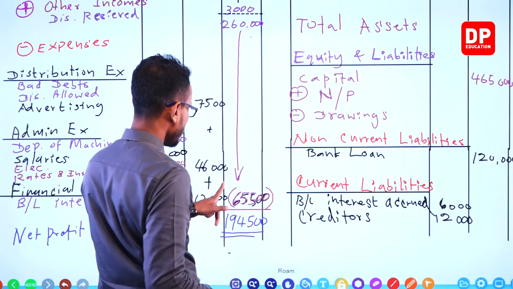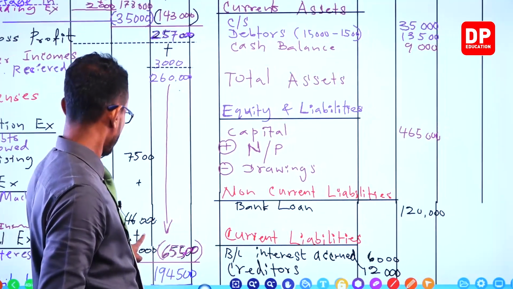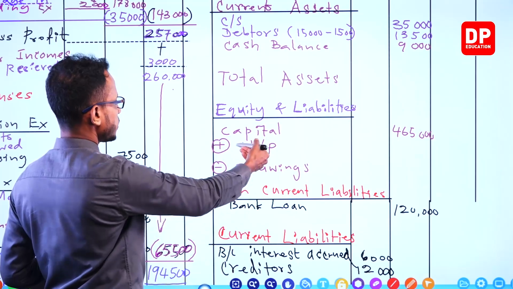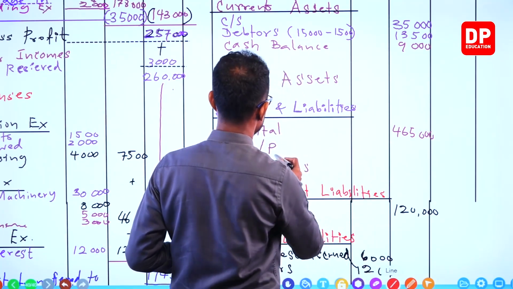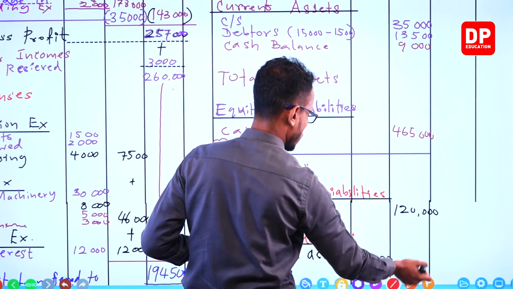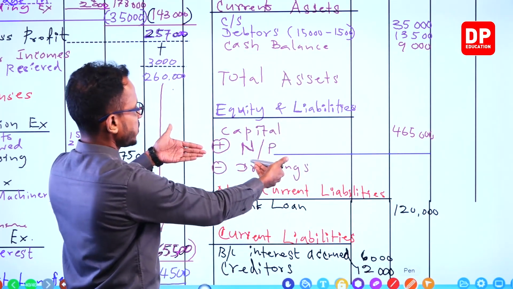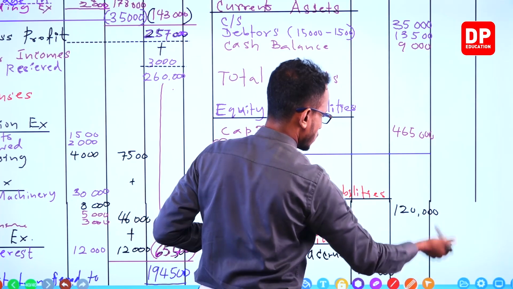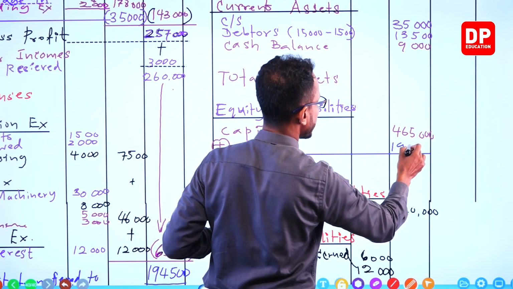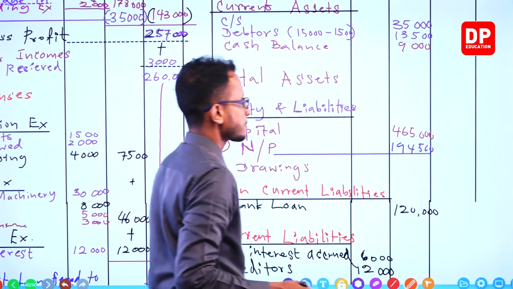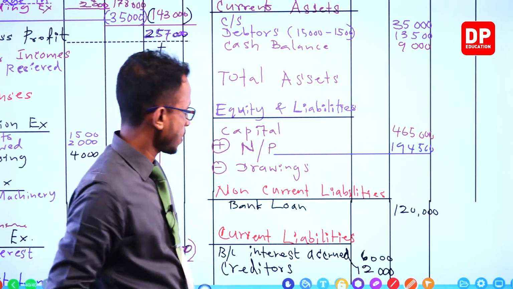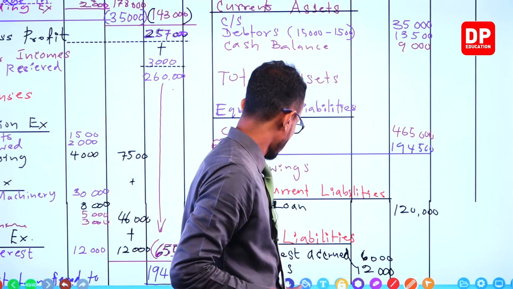Transfer into capital means what? Add it to capital right here, the net profit. We have already written the item net profit. Now add it to capital, 194,500.